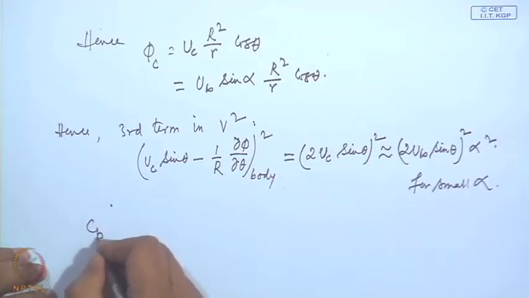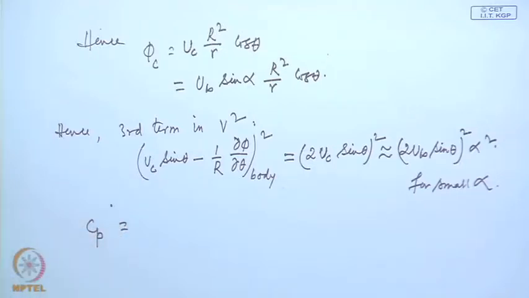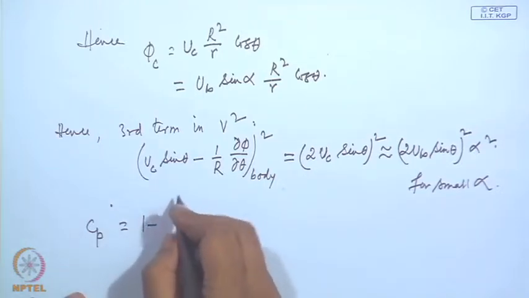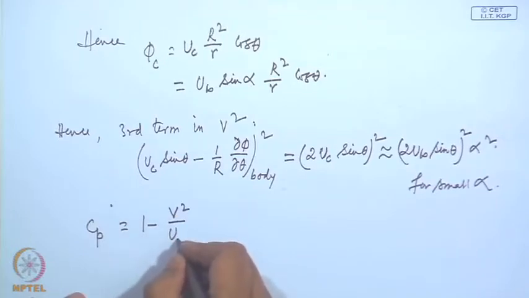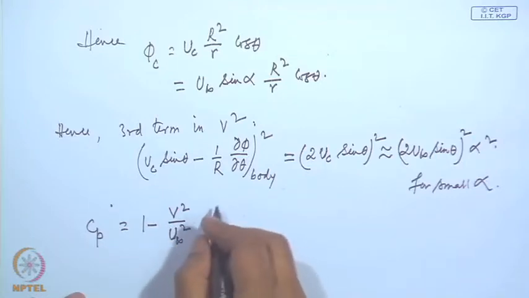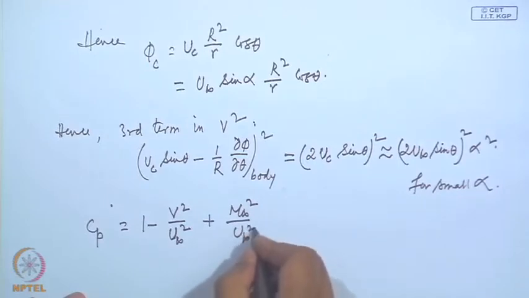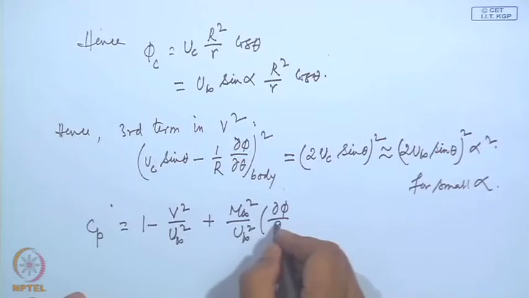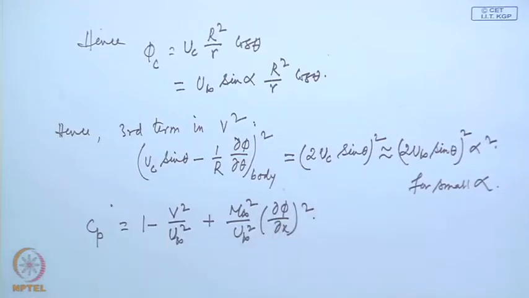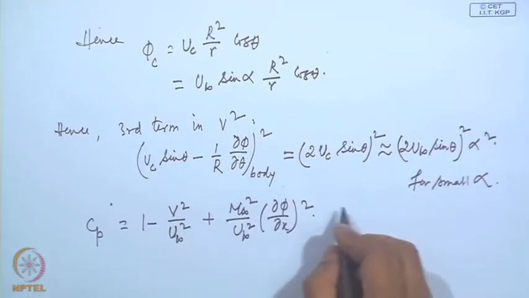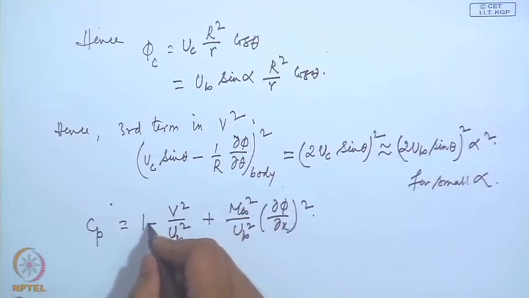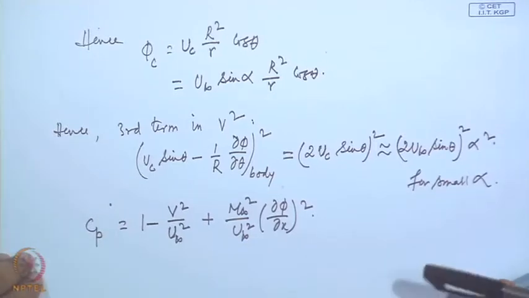The expression for the pressure coefficient which we have derived earlier can be written in a more convenient form, that is 1 minus, plus, which is up to second order accuracy as is required for axial bodies of revolution or axisymmetric flow cases.